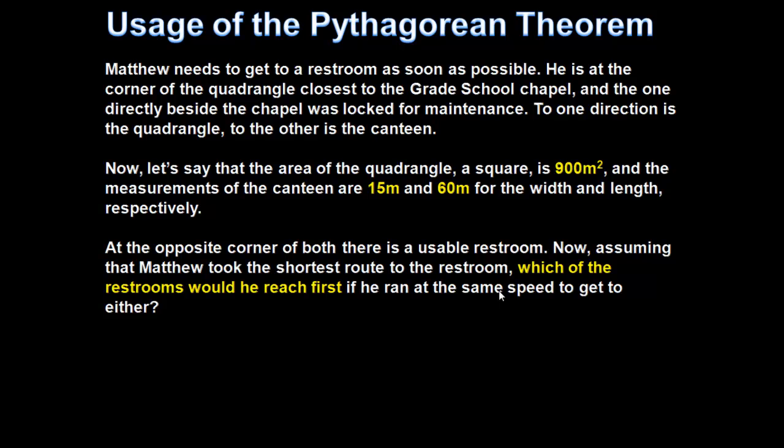Now let's say that the area of the quadrangle, a square, is 900 meters squared, and the measurements of the canteen are 15 meters and 60 meters for the width and length respectively. At the opposite corner of both, there is an open bathroom. Now, assuming that Matthew took the shortest route to the restroom, which of the restrooms would he reach first if he ran at the same speed to get to either?